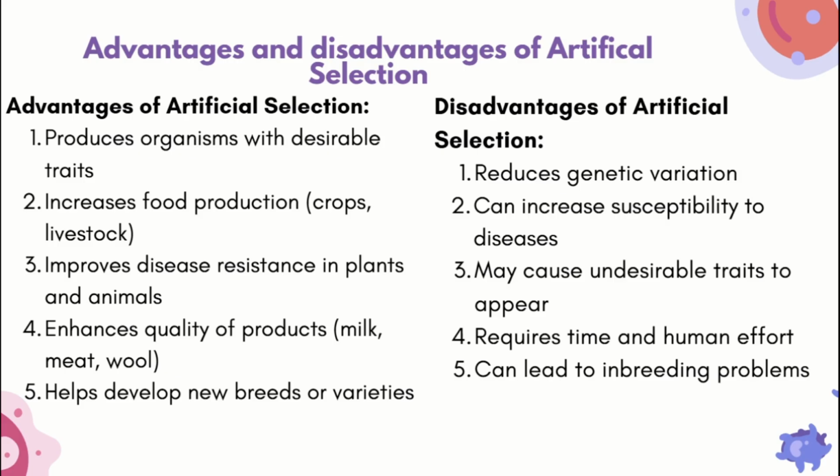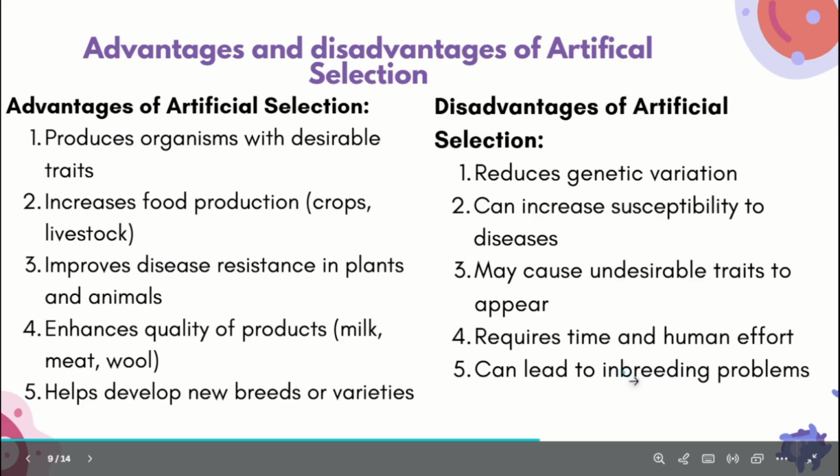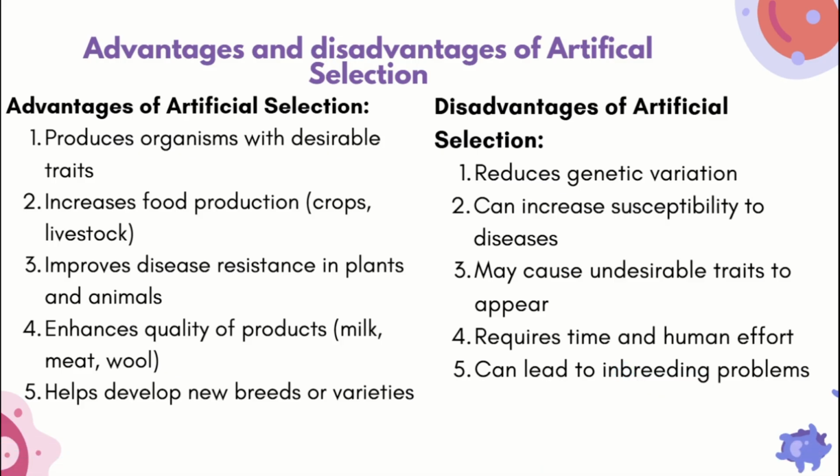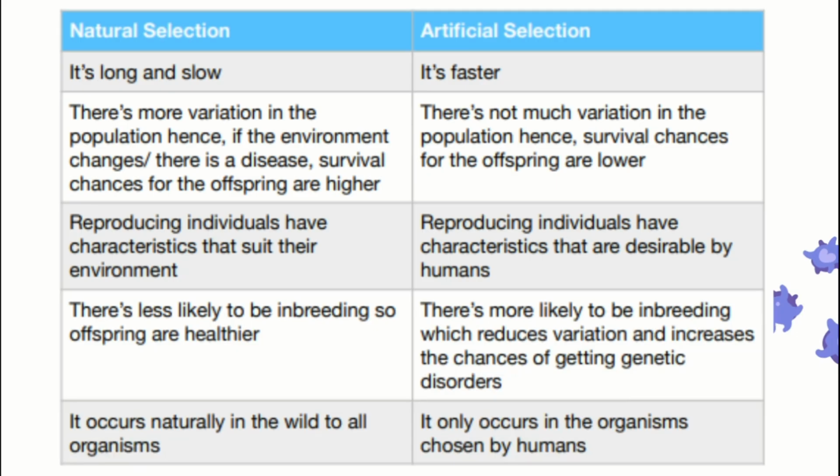As for requiring time and human effort, it is literally called artificial selection, so it means that it is basically humans. We're doing all of this, right? Inbreeding is basically when you mate individuals like siblings or cousins, basically related in some way, and it can cause problems depending on what they're trying to do or what their end goal is when they carry out this artificial selection.